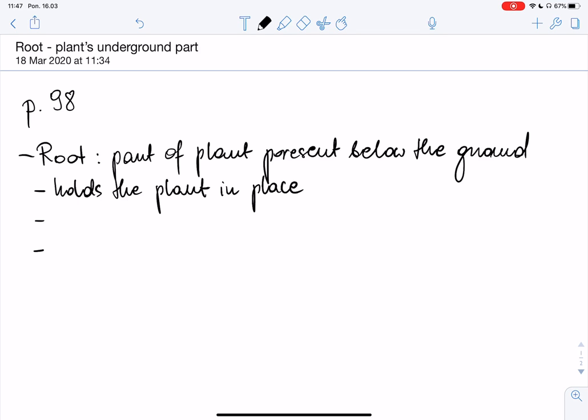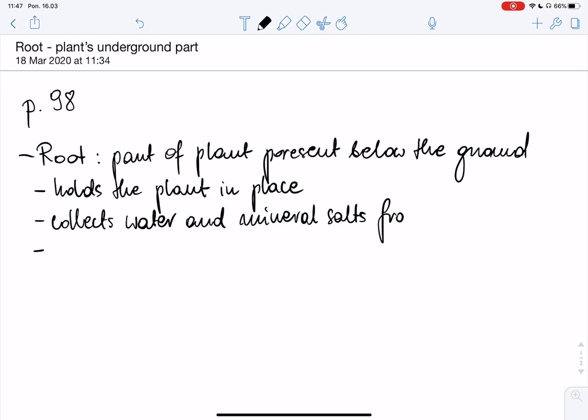So, root collects water and mineral salts from the ground. And guys, water is quite obvious. Remember that mineral salts are chemical compounds that are dissolved in this water.